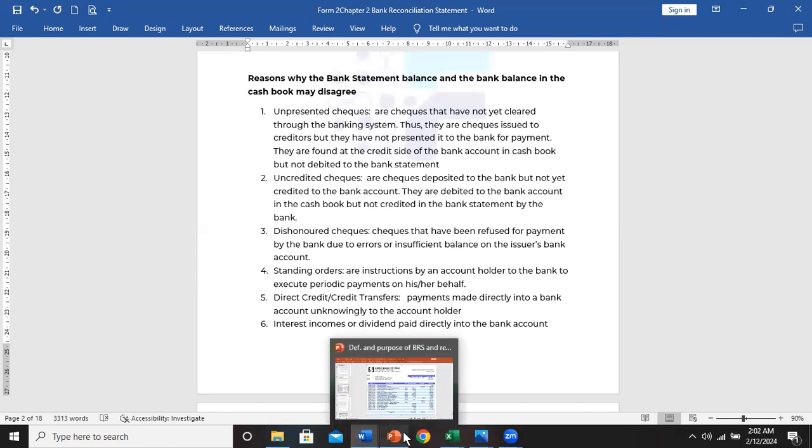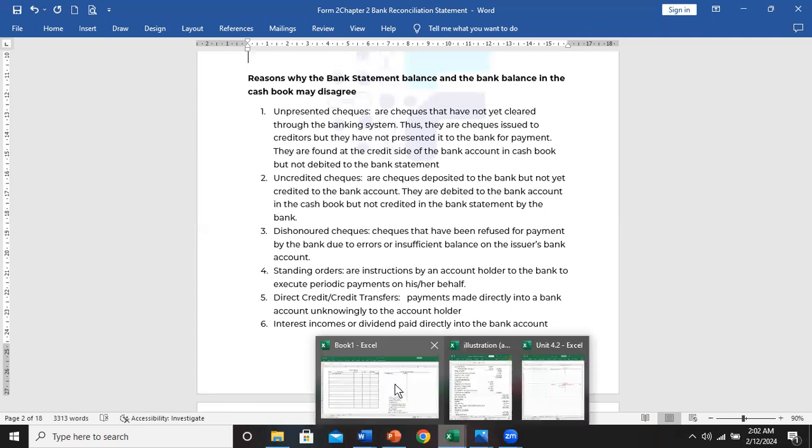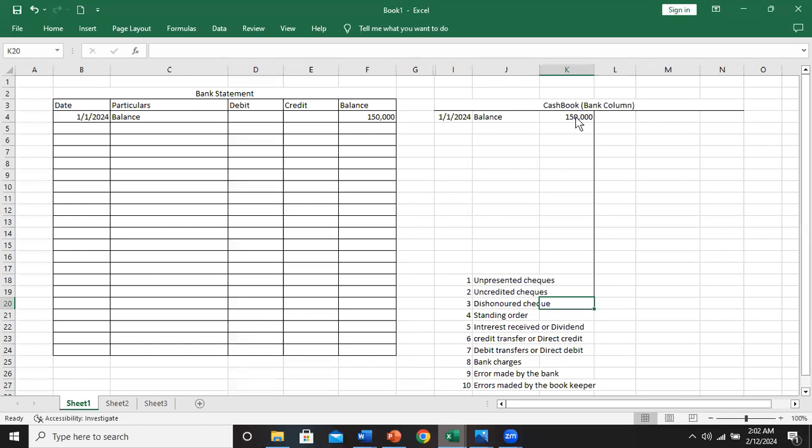Now, let's demonstrate this on the bank statement and the cash book so that you appreciate it. The business issues the check, so the business is going to credit the cash book. Remember, when you pay a check to your suppliers, you credit your cash book.